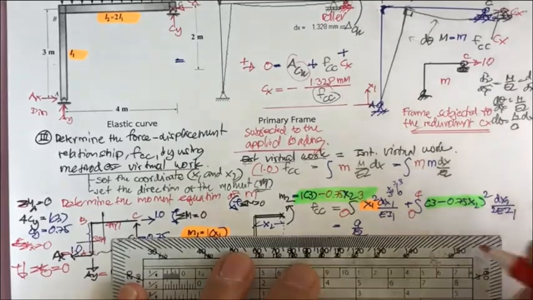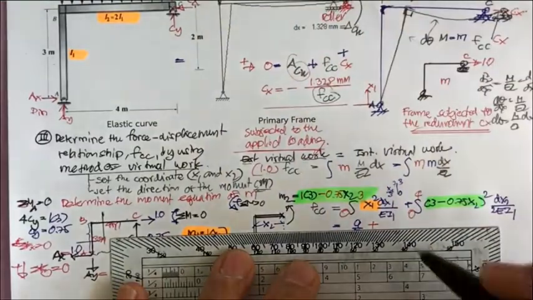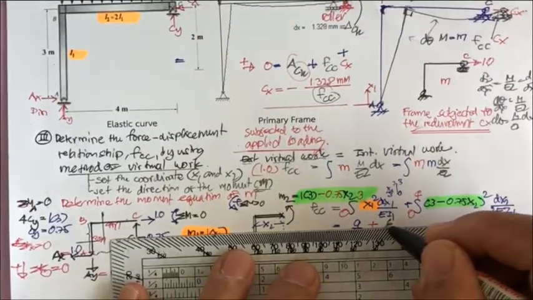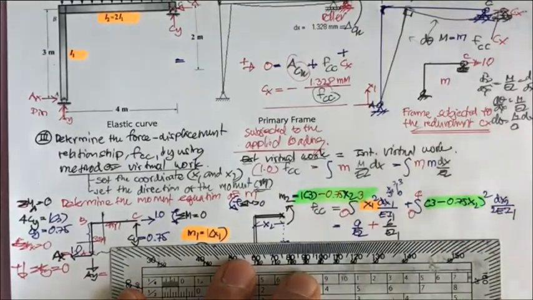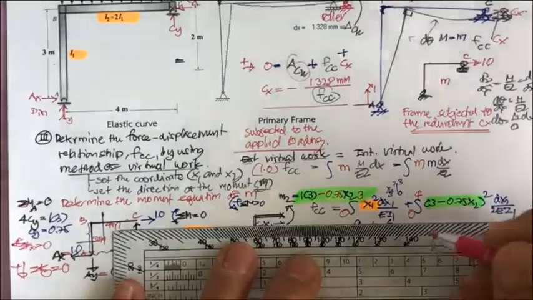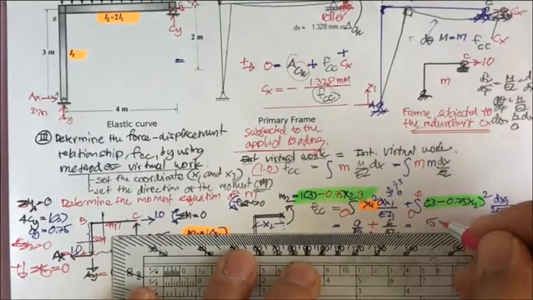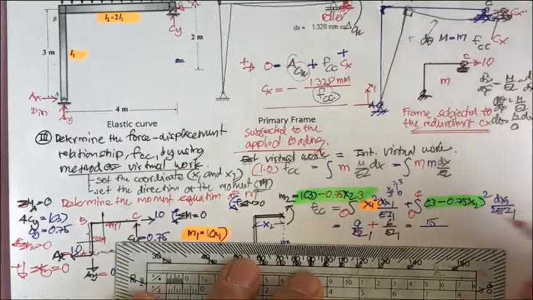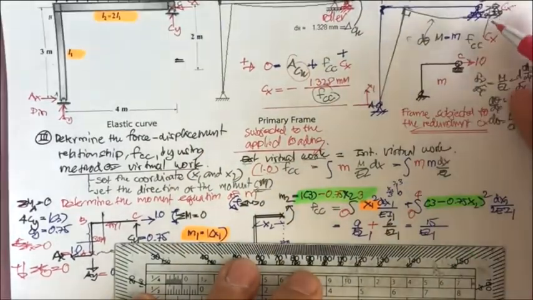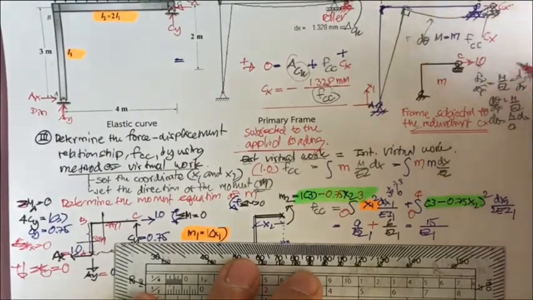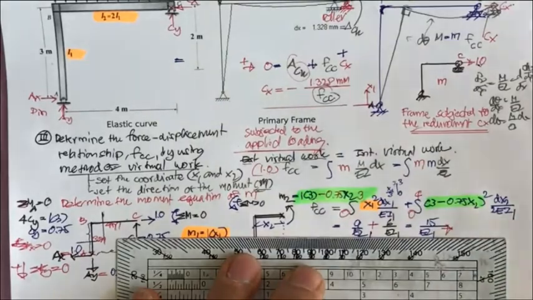If you do it, you're going to get this one plus this term is going to provide 6 over EI1. Okay, this is going to be EI1. And the total of them is going to be equal to 15 over EI1. And the direction is going to follow this 1.0 unit. So the direction is going to be in this direction.